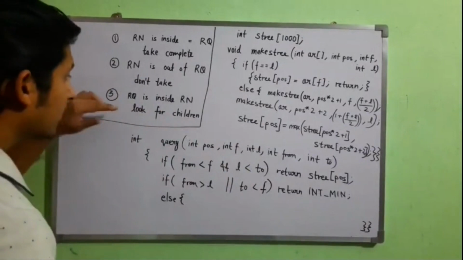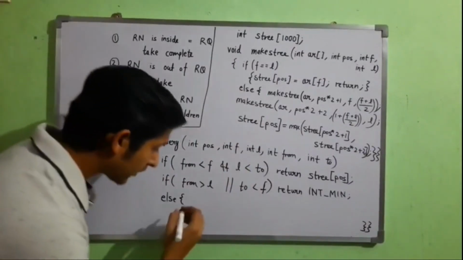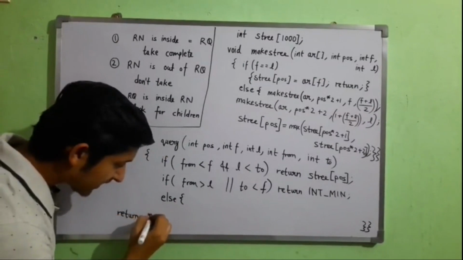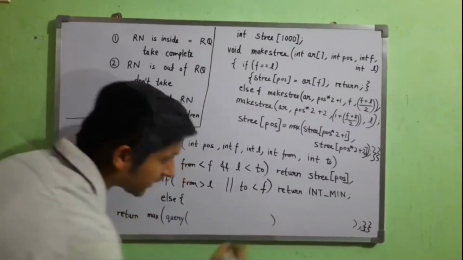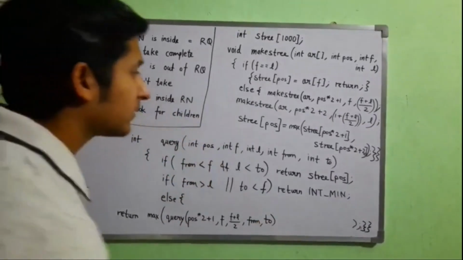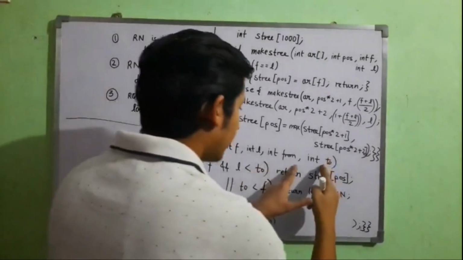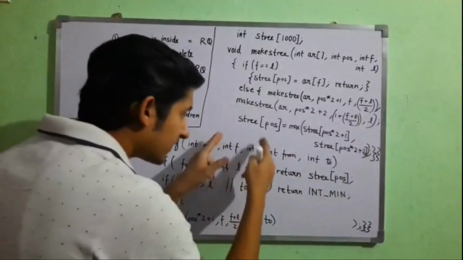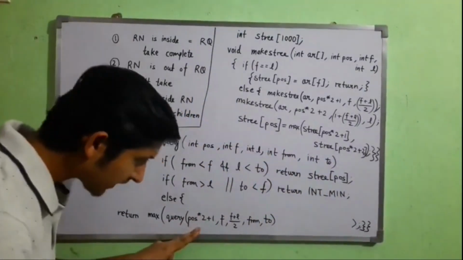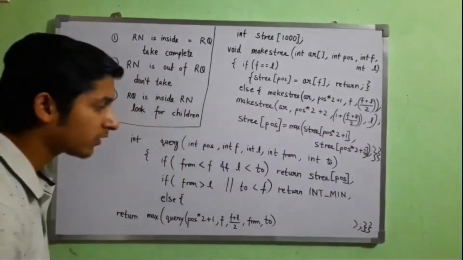I am to just look for children, okay? So I'll just return the maximum of first child, that's 2. This means take this entire query over the first child in this range. So this is the first child, this is the position of first child, and this is the entire range of this query, okay?